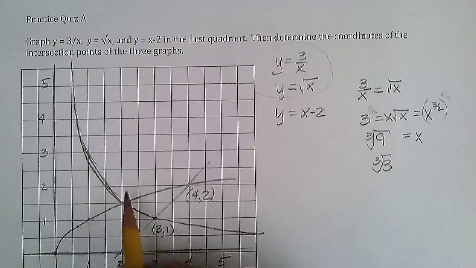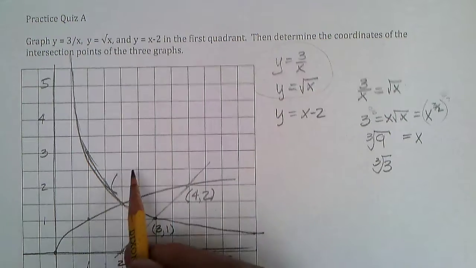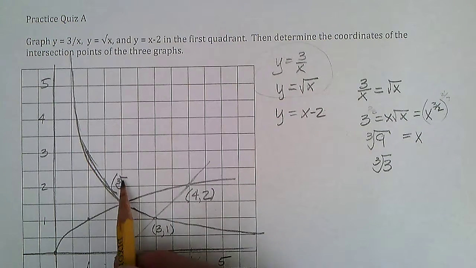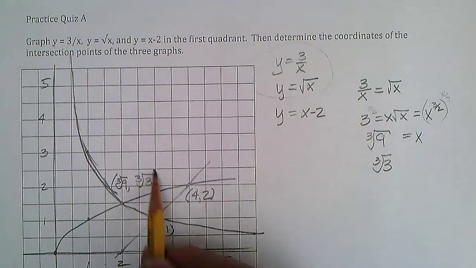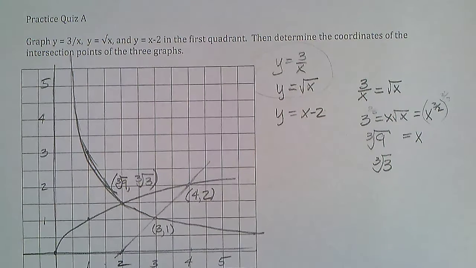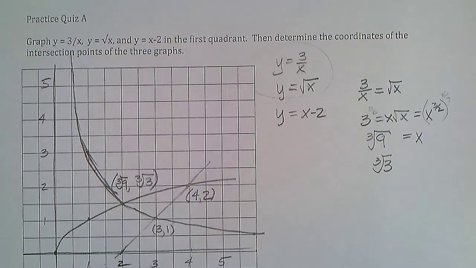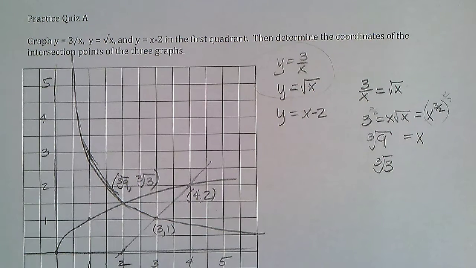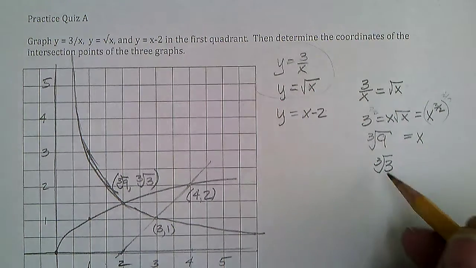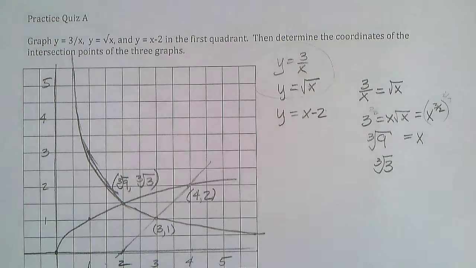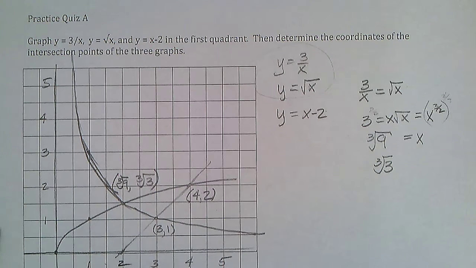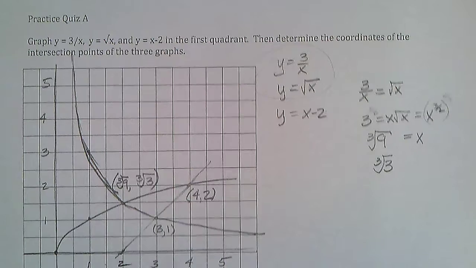So this point is cube root of 9, comma, cube root of 3. I believe that's correct. Okay.